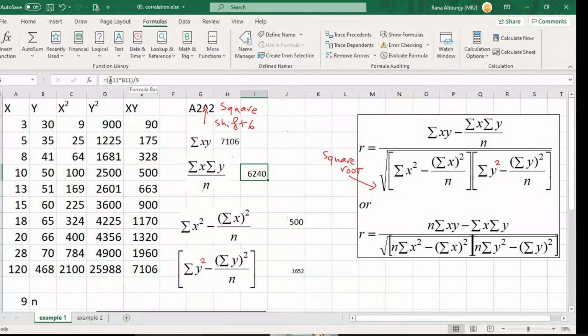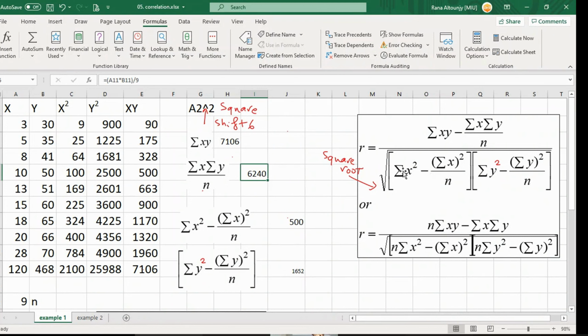If you notice, I put A11 multiplied by B11 in brackets because we should take the multiplication first, then divide on 9. Actually, the value would not be different, but if there is a plus, it will be a different value, so it's better to put brackets. These are the first 2 parts of the equation.